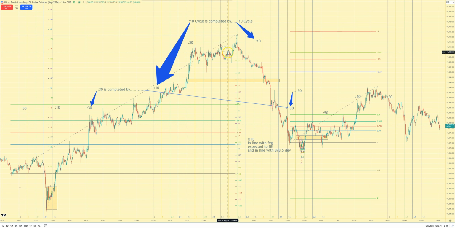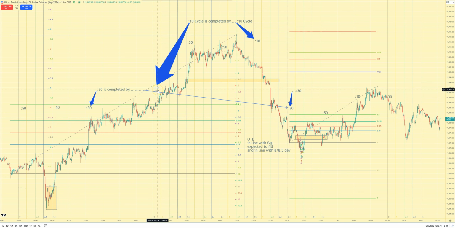30 and 50 is consolidation, and actually 50 is where the reversal occurs, smart money reversal. Lower sell, price drops, and then 10 completes. Hear that? 10. See that? The 10 cycle started here and ended here, and it wiped out here.